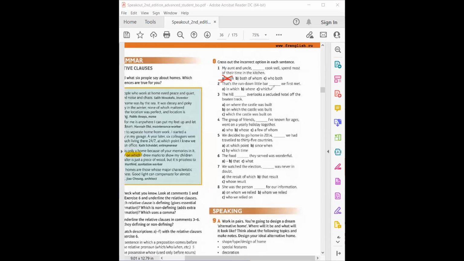Yes, the place where we met. Yeah, but doesn't he talk about the time? They're talking about the place, the rundown little bar. So we crossed A or what? We cross C. We cross C, which we just cross it. We don't need it. Okay.